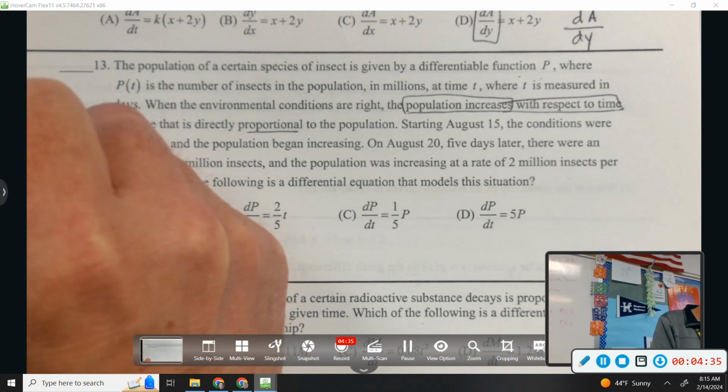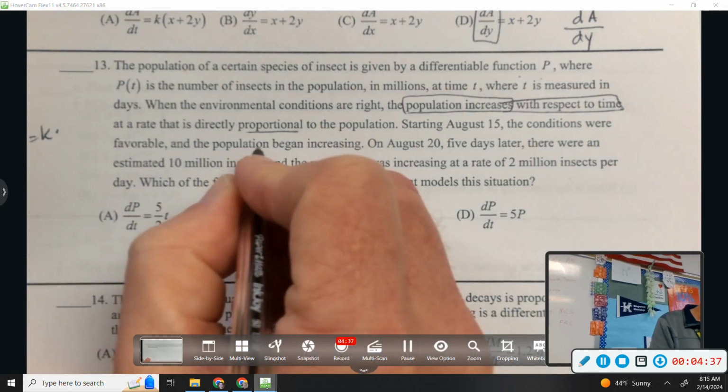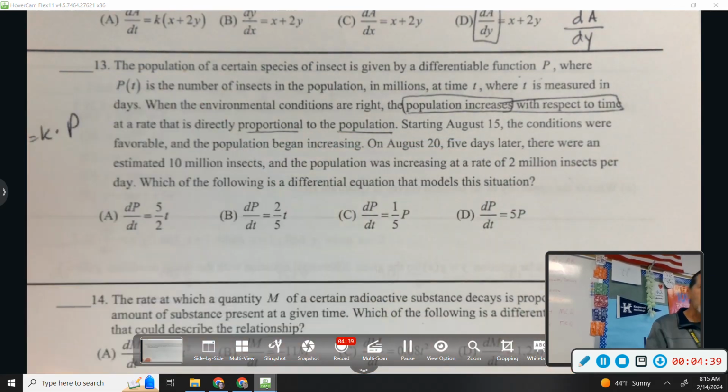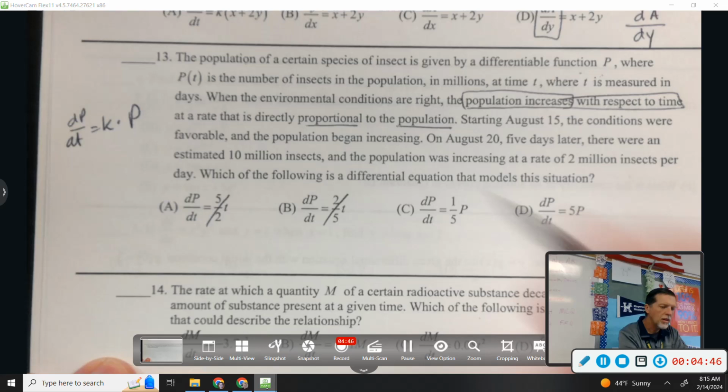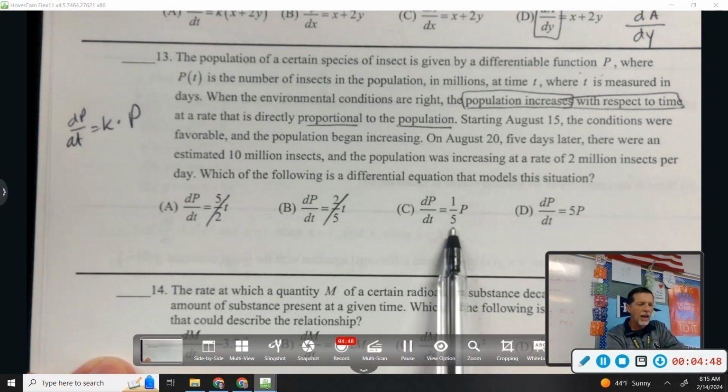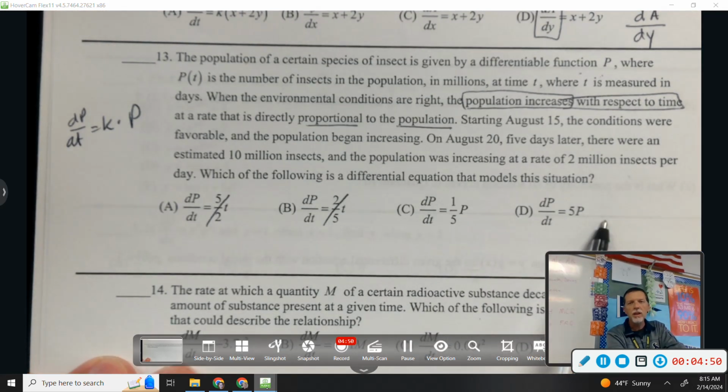So dP/dt is k times the population, so k times P. So already I can throw out these key answers. It's k times P, k times P. So now I'm trying to figure out is k 1/5 or is k 5.